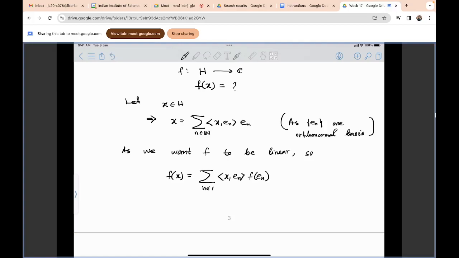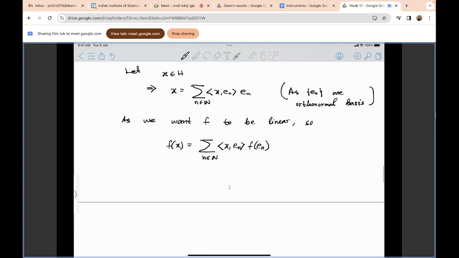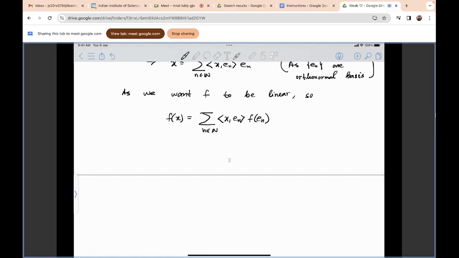So f should be of this form if such a linear functional is given. What we know is f of e_n should be 1 by n. So basically this is the summation over n belongs to N of 1 by n times the inner product of x and e_n. So this should be the definition of such a bounded linear function.